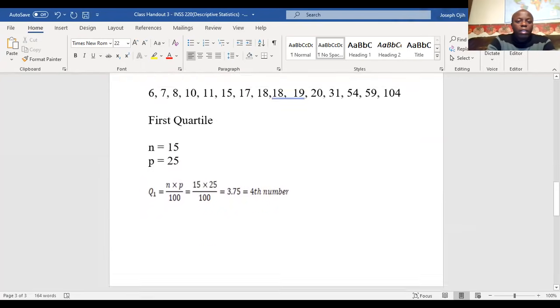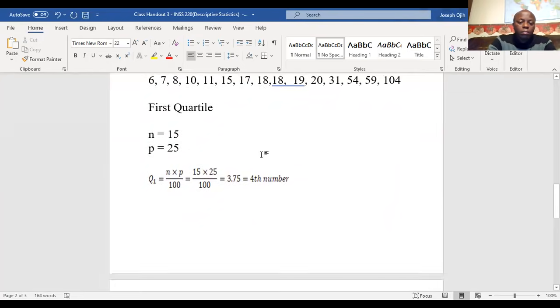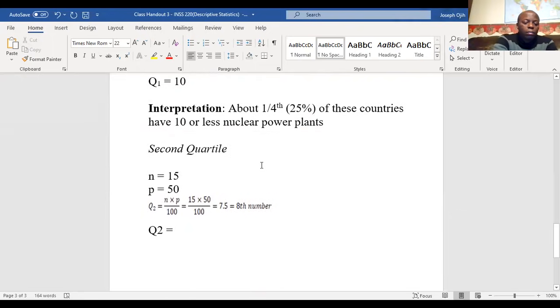Now you go there and count 8: 1, 2, 3, 4, 5, 6, 7, 8. 18. So what does this mean? It means that about 50%, about half of these countries have 18 or less nuclear power plants.